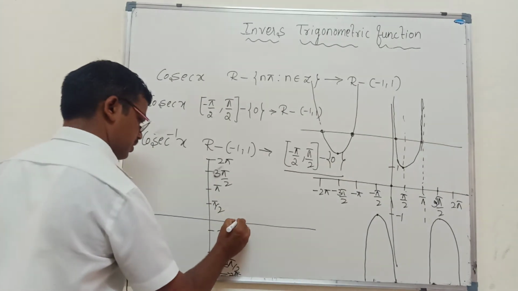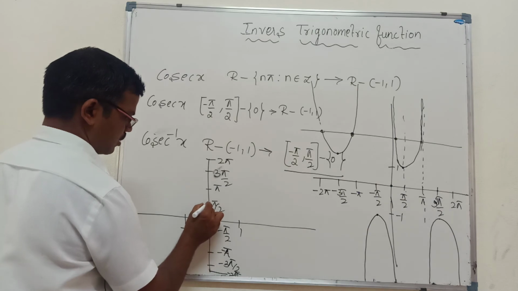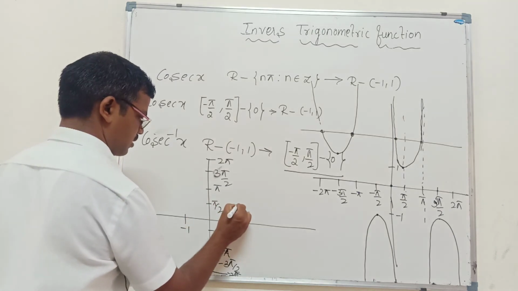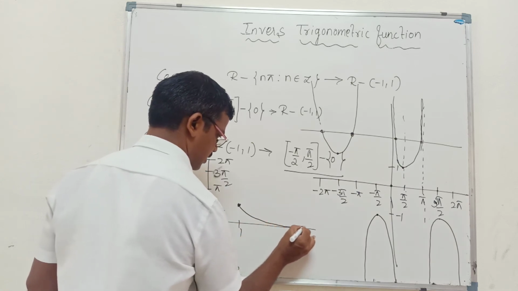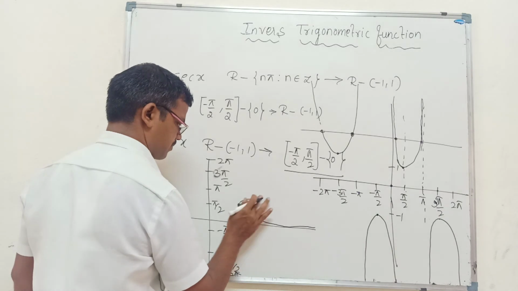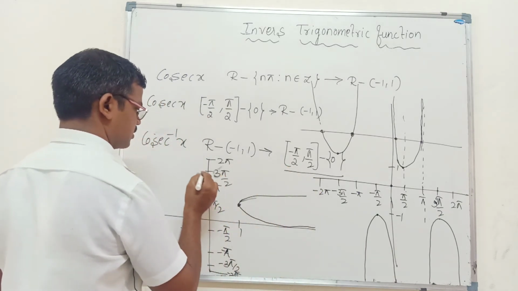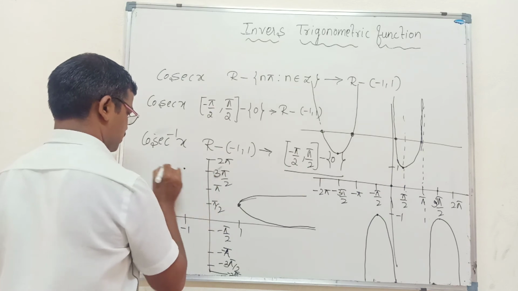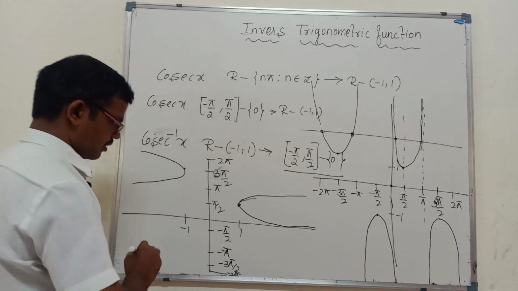Here it is 1 and here it is minus. So for 90 it is 1 here. So you will get the graph like this. At 0 it is undefined. For pi also it is undefined. Here it is minus 1, and then the graph of this function is like this.